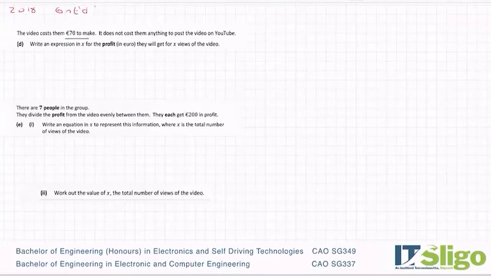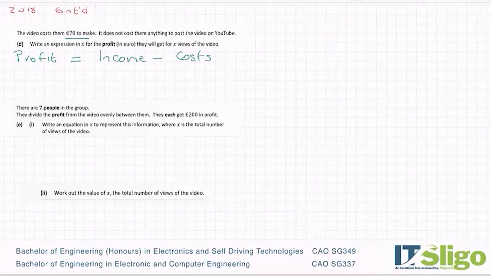Okay, so any profit they make will have to minus that €70 from it. Okay, so that's income minus the €70. Okay, and if I put that fully down in words, any profit is equal to income minus costs.